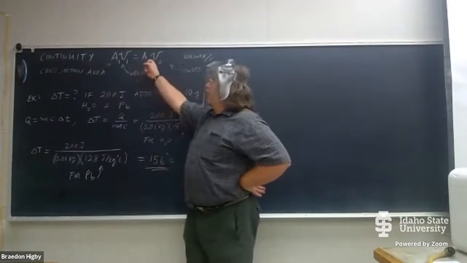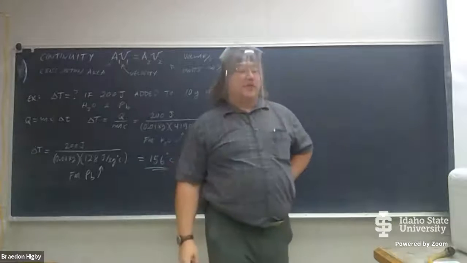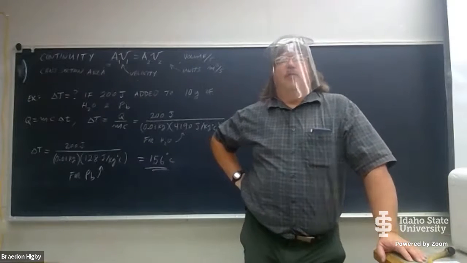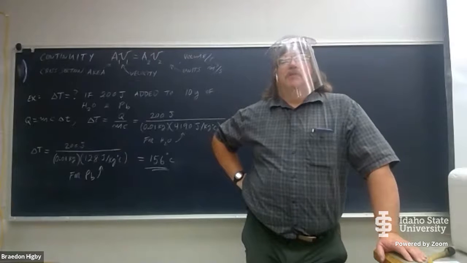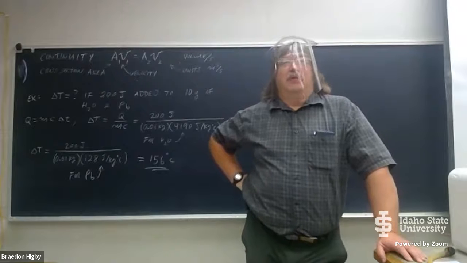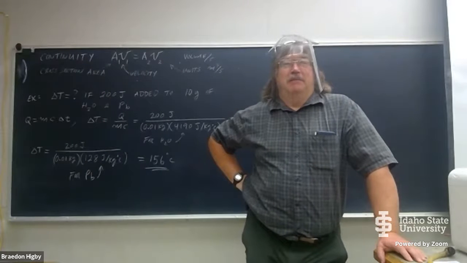And I'm using the Van Halen V here for speed because the book uses V for both volume and for velocity. So just to make it clear that I'm talking about velocity, I'm using a Van Halen V, which always looks faster than just a regular V.